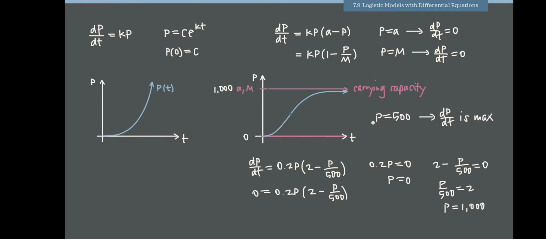So the whole idea here is just to be able to compare and contrast exponential growth versus restricted growth, and to know the differential equation that models each one. Especially when it comes to the restricted growth model, this differential equation is called the logistic equation or the logistic model.